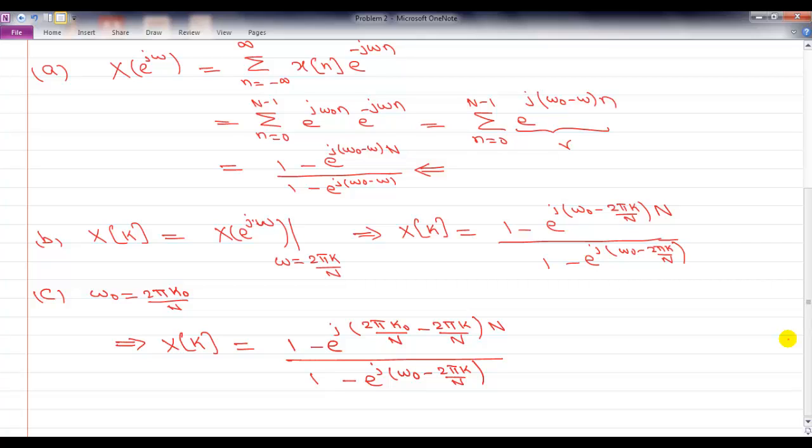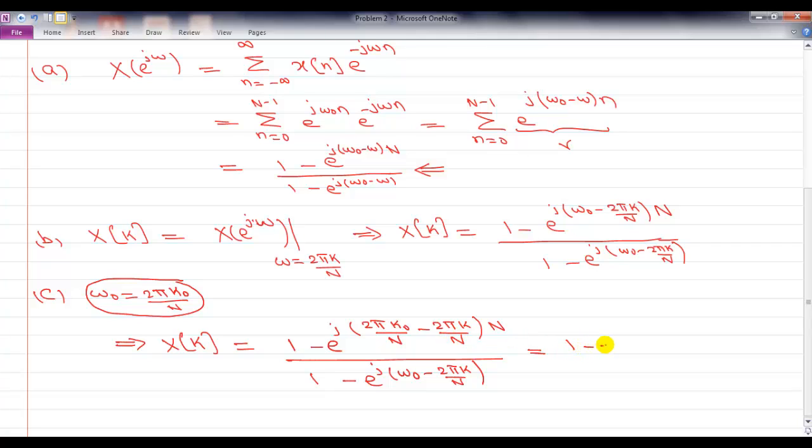What does the DFT look like in that case? And that's what we are trying to address. So if you have a frequency which is a multiple of 2 pi over N, this is what we get. Let's simplify this a little bit better to see what the output will be.